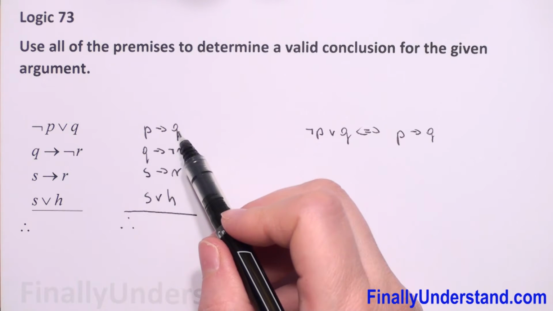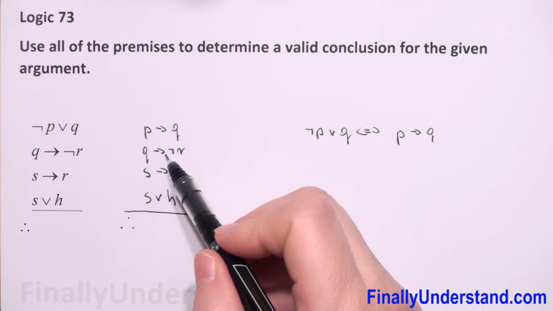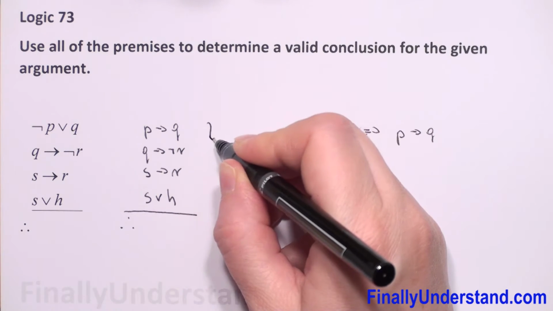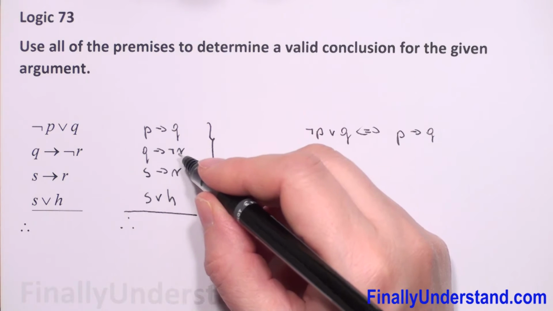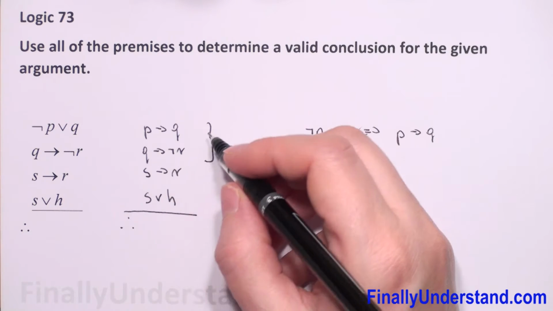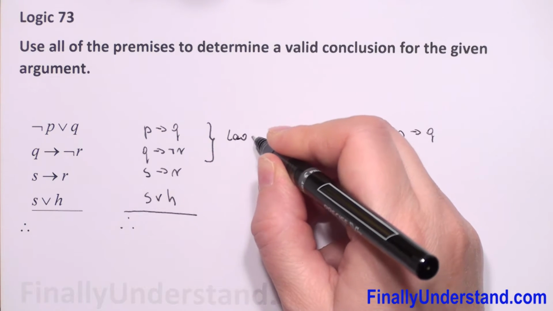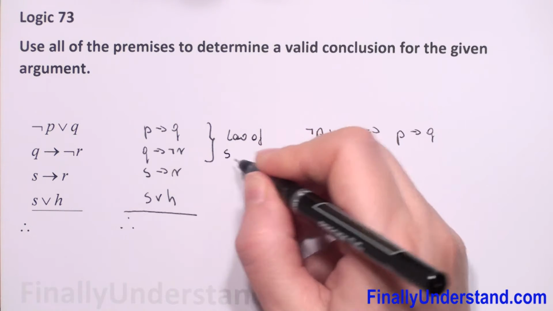We have P implies Q and Q implies not R. So for the first and second premise we can use the law of syllogism.